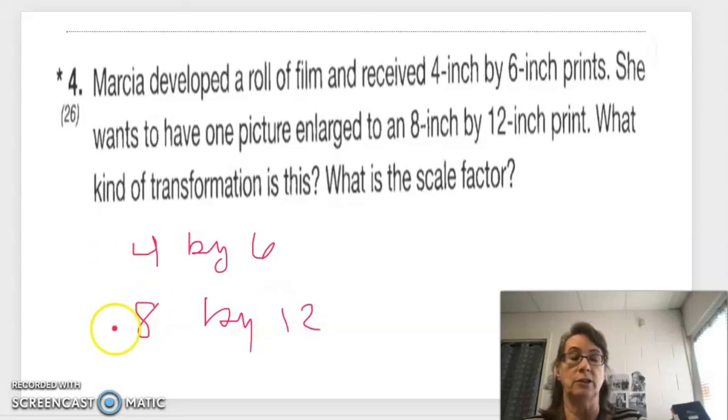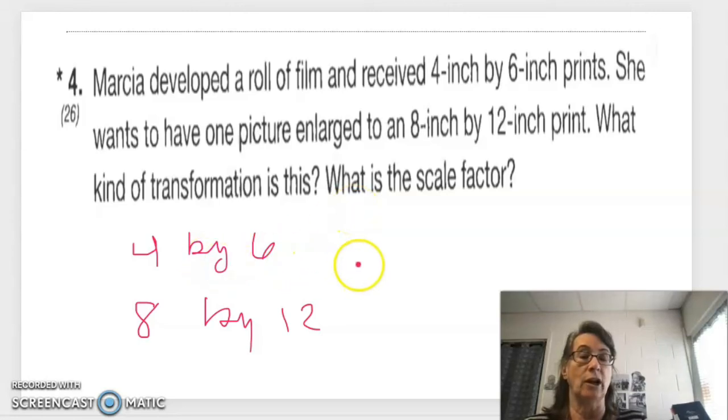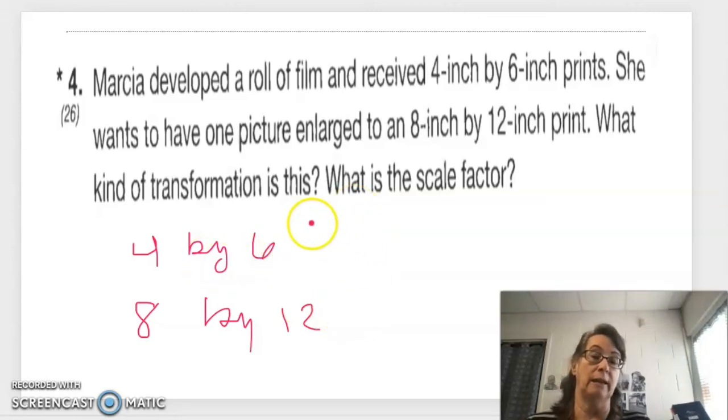Isn't she doubling the size? So she is multiplying by 2. Now, this is an enlargement or a scaling. This is an increasing. It's actually doubling the size of both of them.